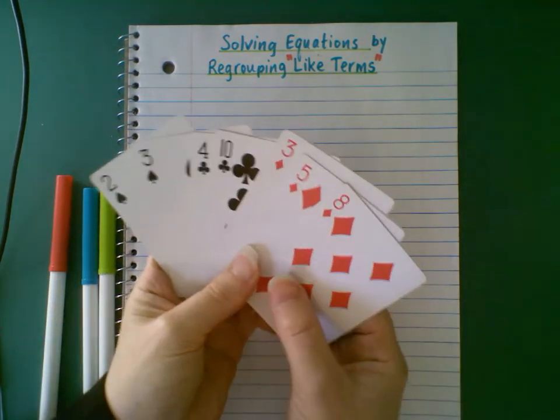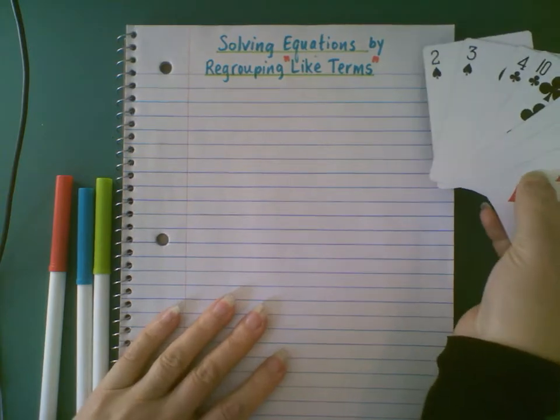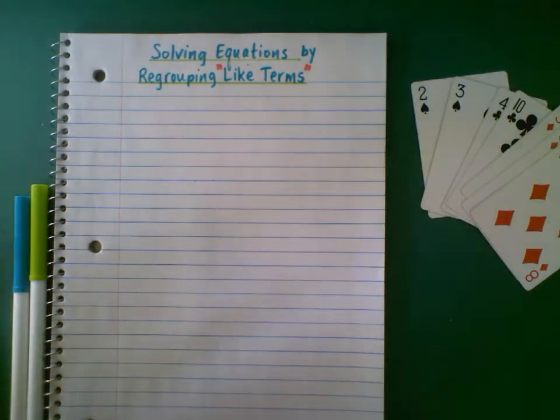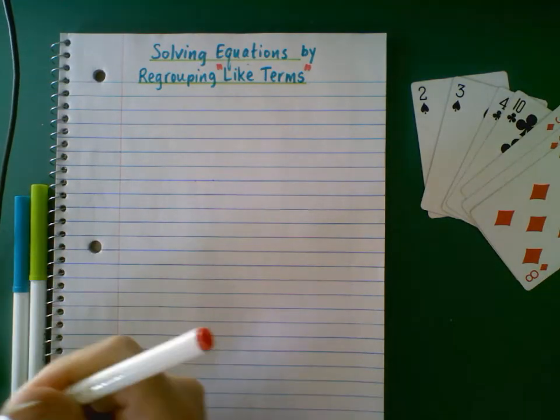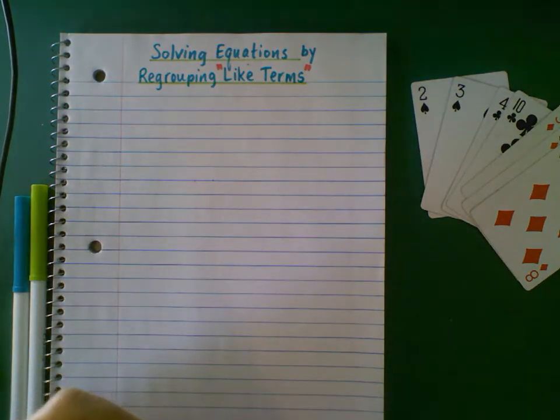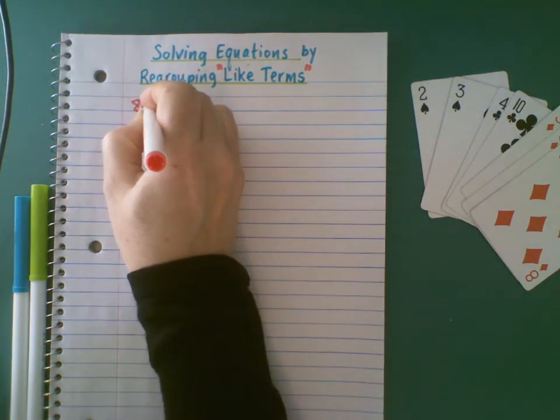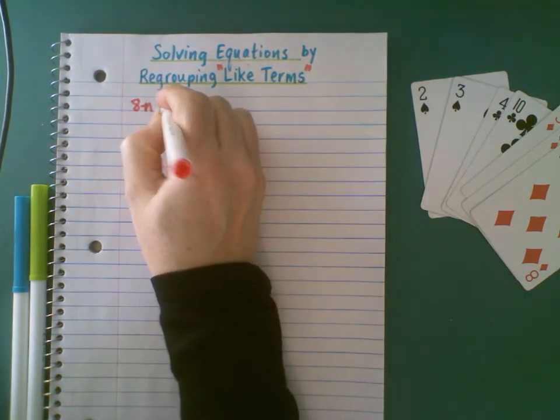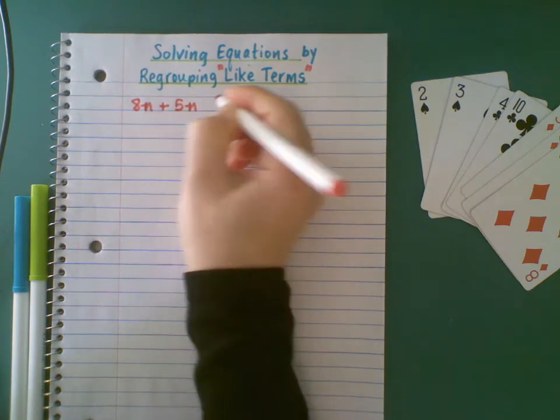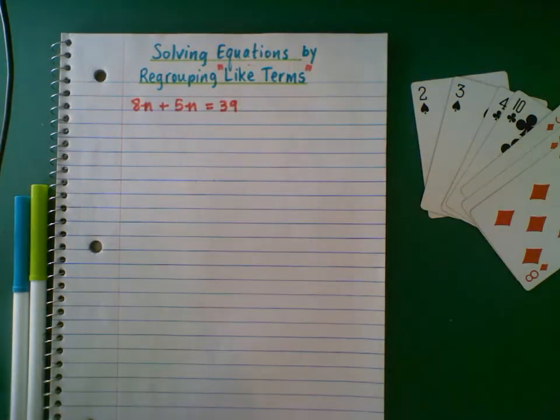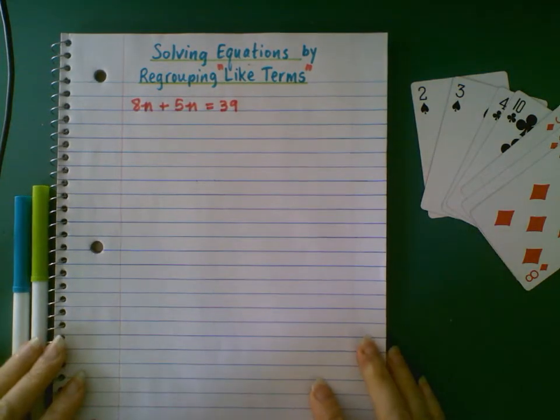So an example of an algebraic problem or an equation that requires regrouping like terms, kind of like my hand of cards there, is the following. 8n plus 5n equals 39.